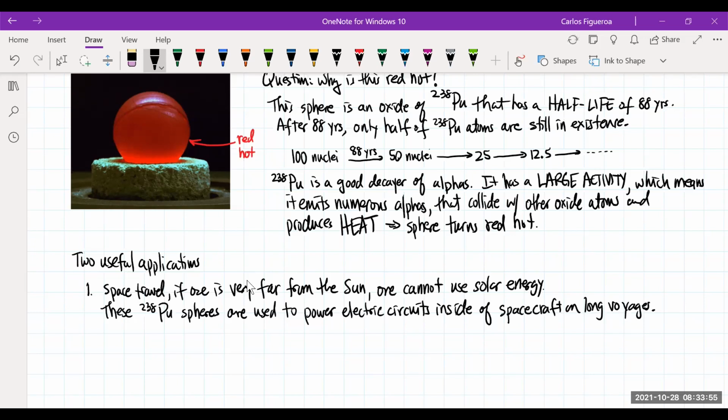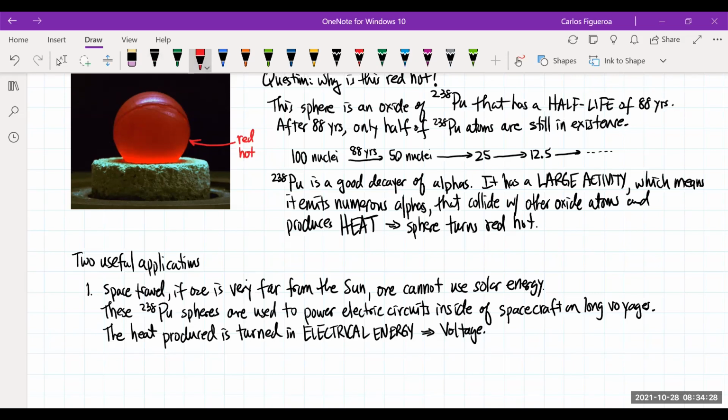And what they do here is that the heat produced is turned into electrical energy, which means here it now creates a voltage like a battery.